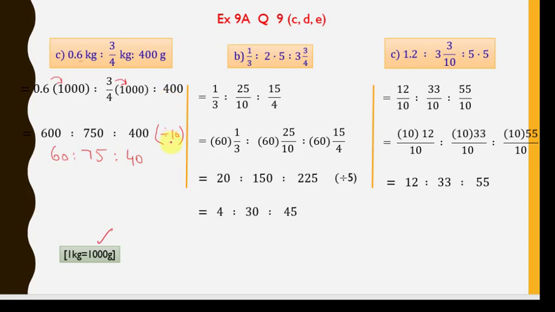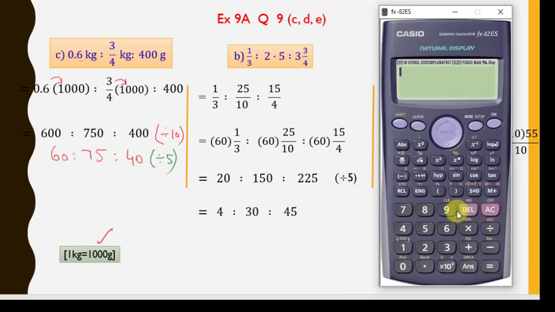Now we can further divide it by 5. So we divide it, 60 divided by 5, we have 12.